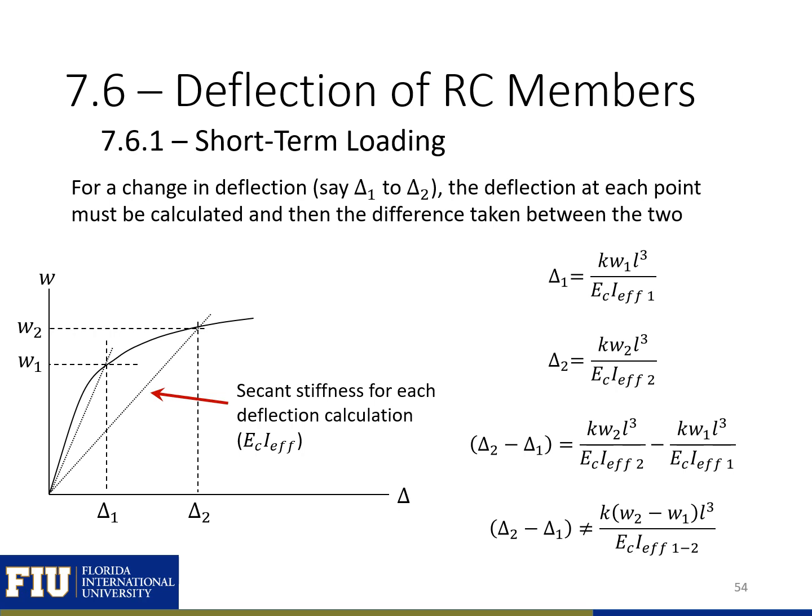Because every load is associated with a specific stiffness, which we then use to find a specific deflection associated with that specific load, if we are looking for a change in deflection between two loads, say here we want to find the difference in deflection between delta 1 caused by W1 and delta 2 caused by W2, we would need to find the deflection associated with W1 first, and then find the deflection associated with W2, and then find the difference between those two deflections.